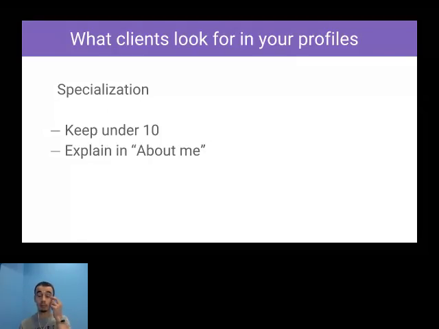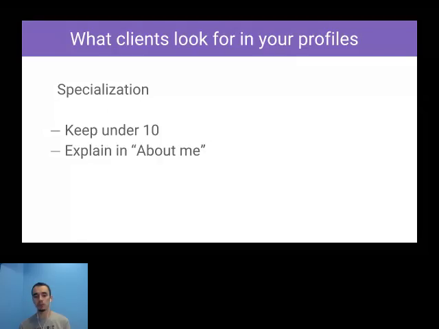The more specialized you are, the more chances you have to be invited. So indicate under 10 fields, better less than more. Include those that you really have to say something about. Explain this in the About Me section.